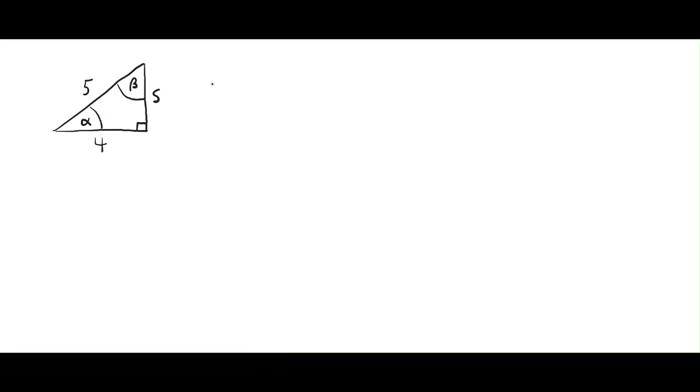Okay, so in order to find the side length of S, the triangle will have to obey the Pythagorean theorem, which is 4 squared plus S squared equals 5 squared. So let's just write that down. 4 squared plus S squared equals 5 squared. And we just need to solve for what S is.